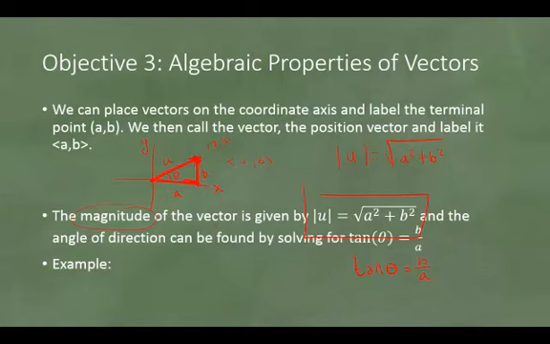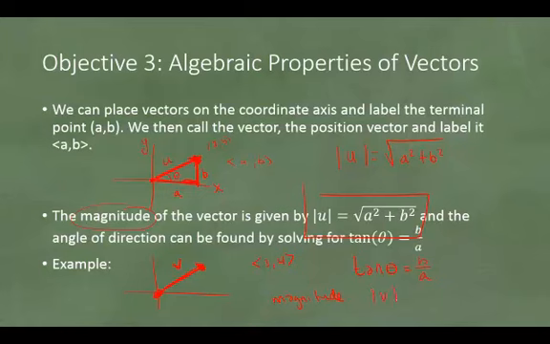So if we have a vector, for example, the vector 3, 4, in other words, that says you travel in the x direction 3, then you go up in the y direction 4, and that entire vector is what we want to focus on. What is the magnitude? Let's call that vector v. Sometimes we call it u, sometimes we call it v.